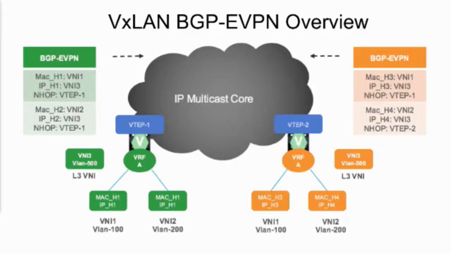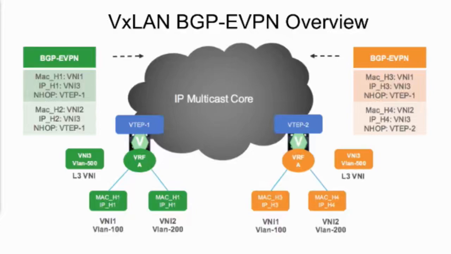When the host advertises its addresses or sends an ARP, BGP EVPN comes into play to advertise both pieces of information, that is MAC and MAC plus IP information, to the remote endpoints. And this is how the learning works. You don't have to have real data from host A to host B to learn the remote endpoints.